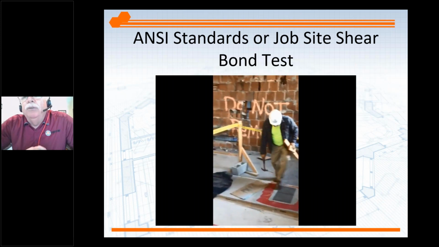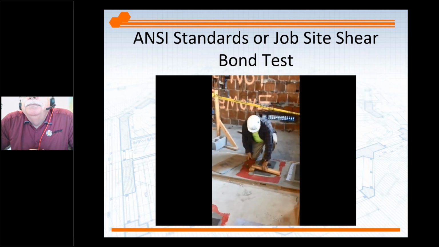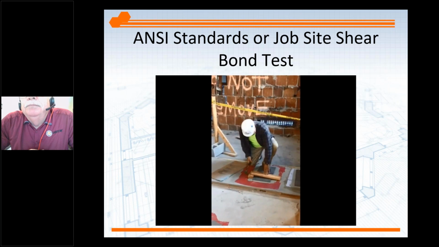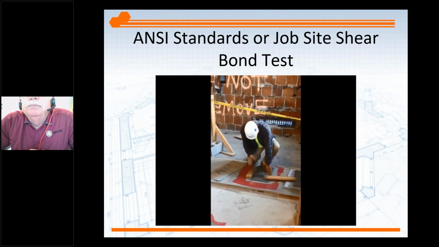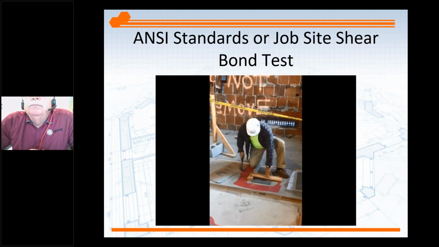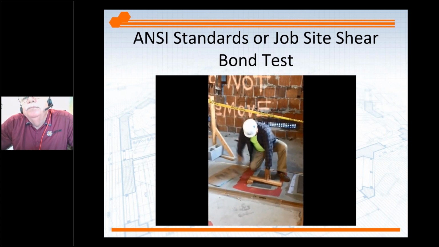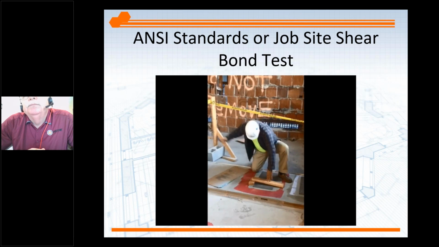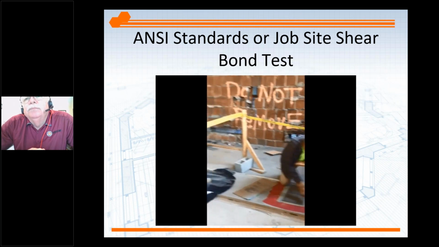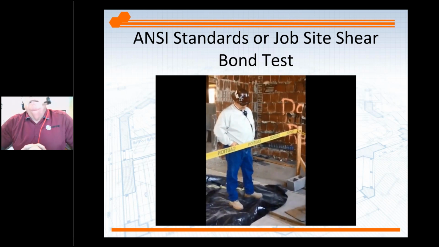So sometimes we have to do an on-site test. So as you can see, when we have the proper adhesives and the proper waterproofing membranes, we get a very strong bond with that.